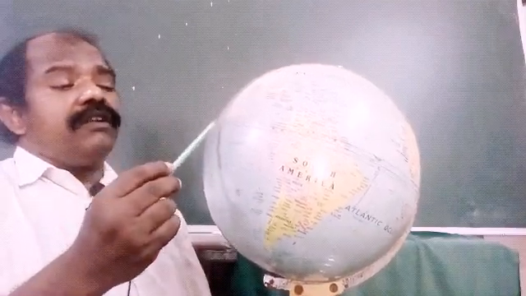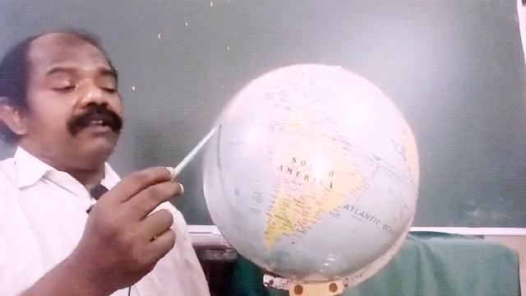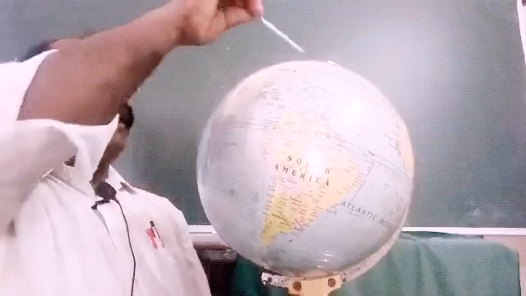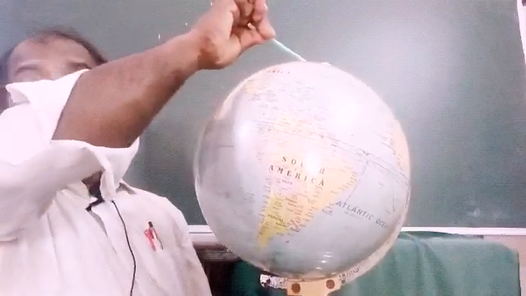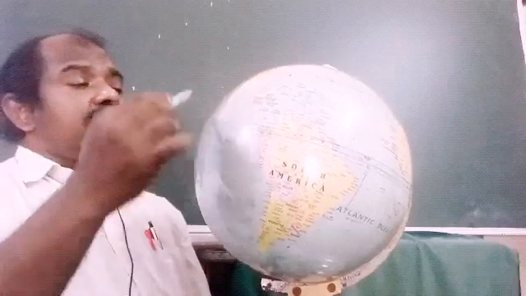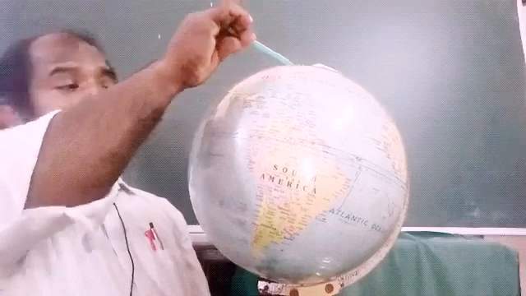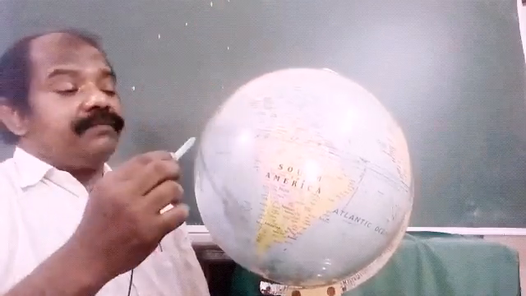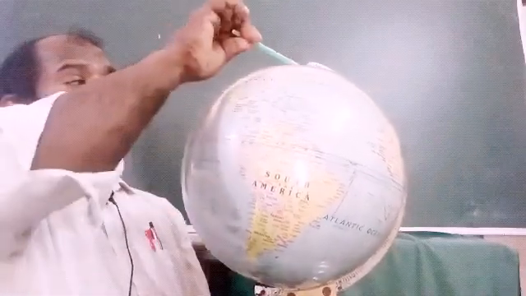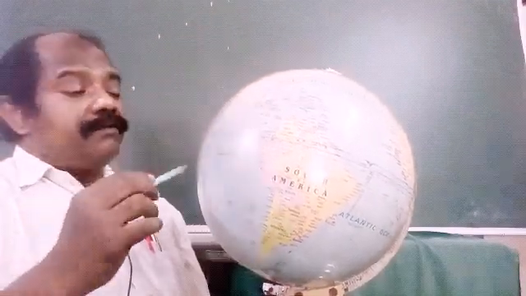Equator is called 0 degree latitude, and the pole is called 90 degree. From 0 degree to 90 degree north is called the northern hemisphere.